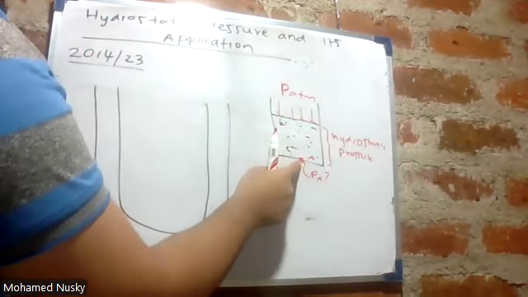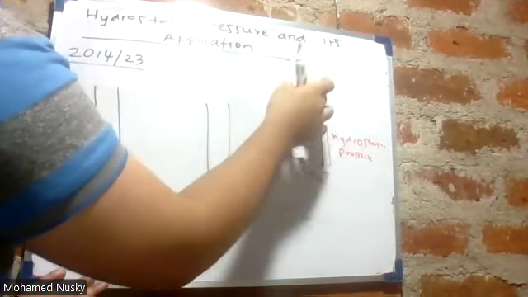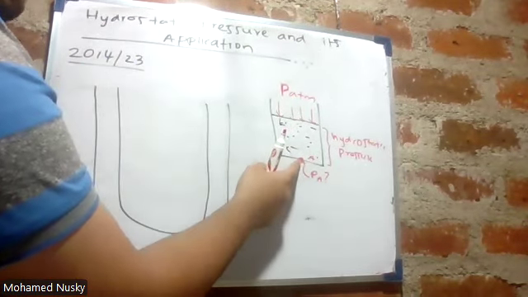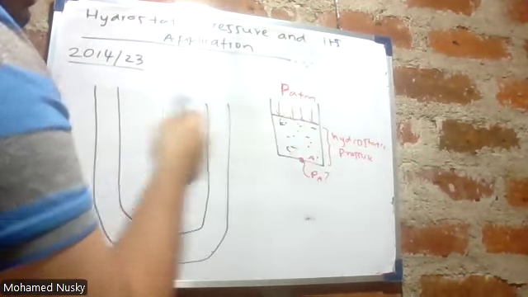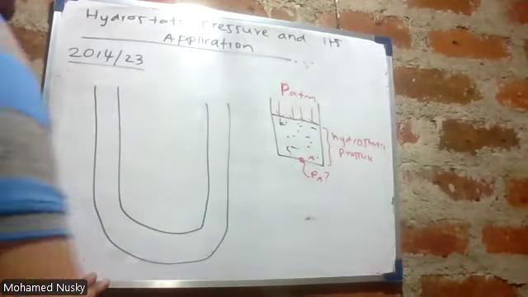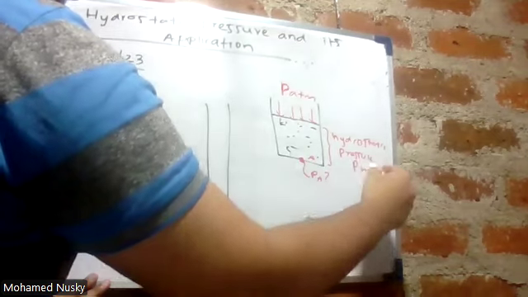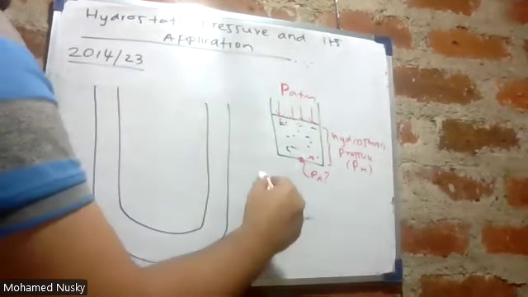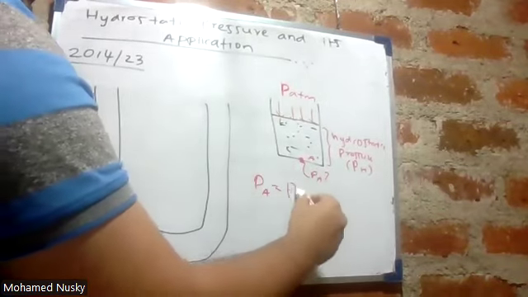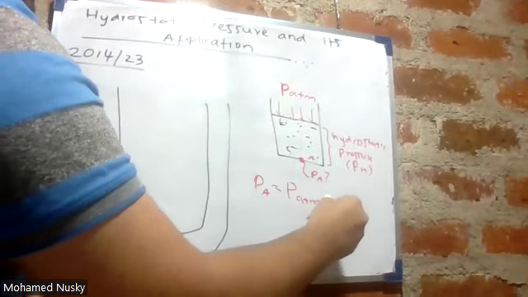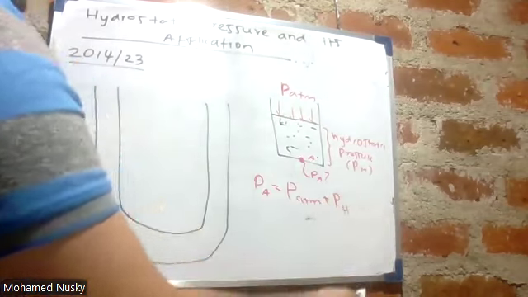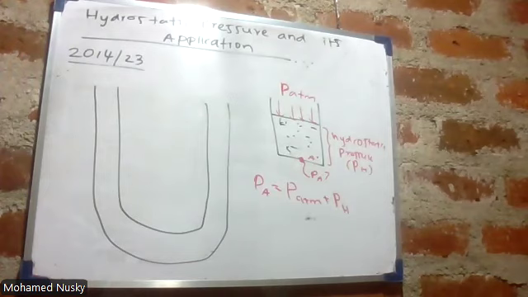Let me take this as P h. Therefore, pressure at A is equal to P atm plus the hydrostatic pressure due to water.